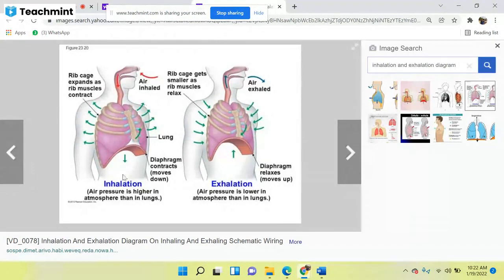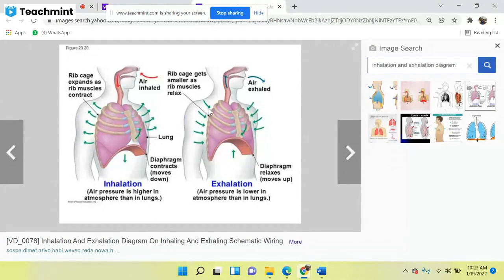After that, the contracted muscles of the diaphragm become relaxed, and due to this relaxation, the diaphragm moves to the upward side. If the diaphragm moves up, you just see here, the ribs will come to their original position.